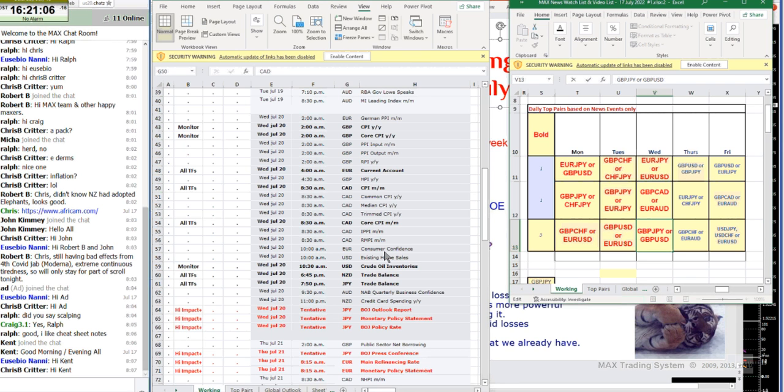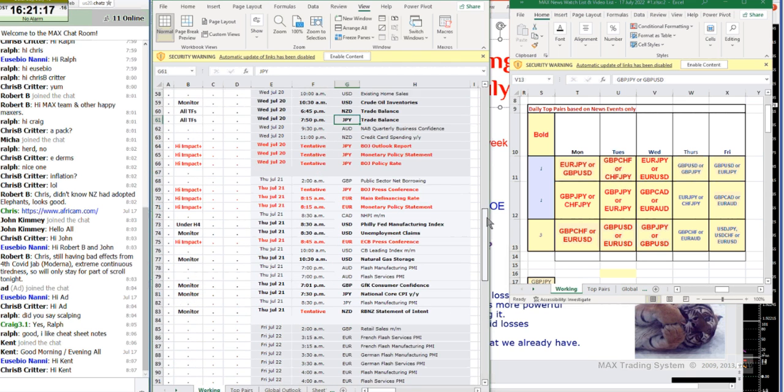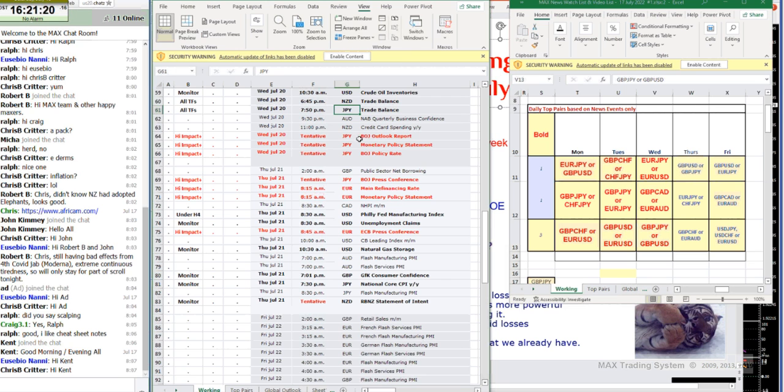Okay. Leftovers from Wednesday. The Kiwi, we can ignore the Kiwi this week. The yen, and the yen is a big one. Okay, and that's it. That was the leftovers.